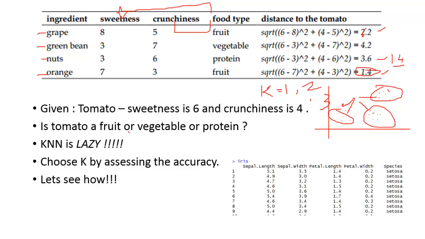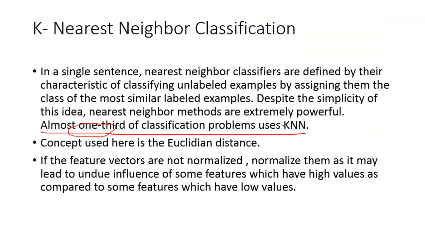Okay, so why is KNN lazy? KNN is lazy because it actually neglects the step of learning a model. As I said earlier, there are three steps involved: first is gathering the data, second is abstraction, and then generalization.